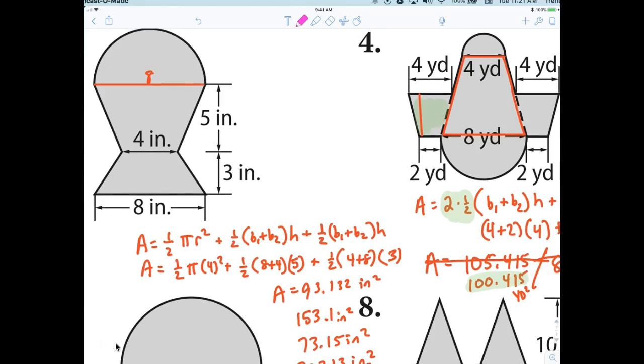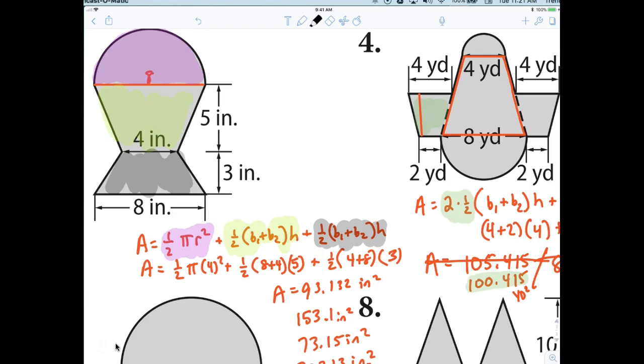That's why, look, we have 1/2 pi r squared. That is the area of the what? The semicircle. You agree with that? Then I have the two trapezoids, right? So this trapezoid here matches up here, and then I want you to be able to see the other trapezoid matches up with the other formula.